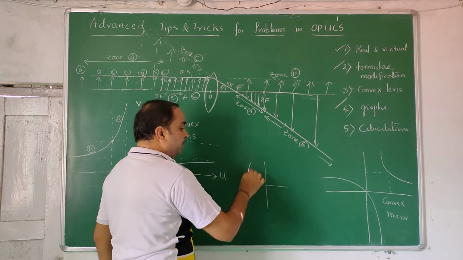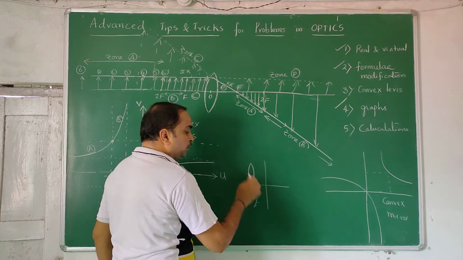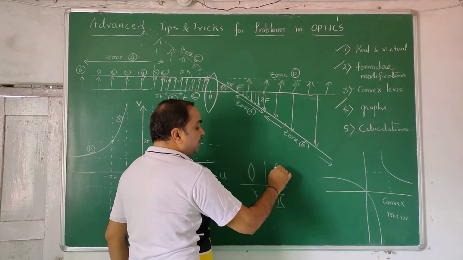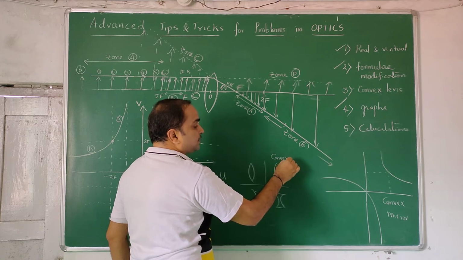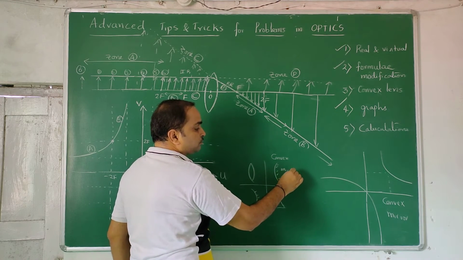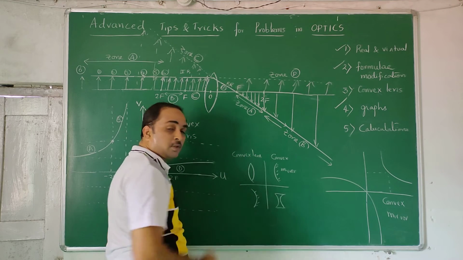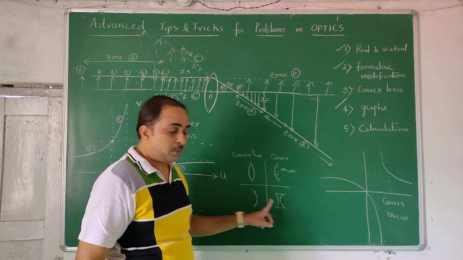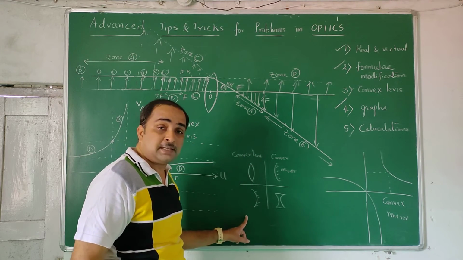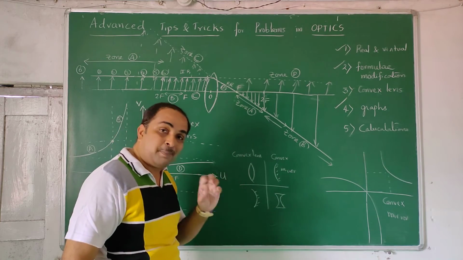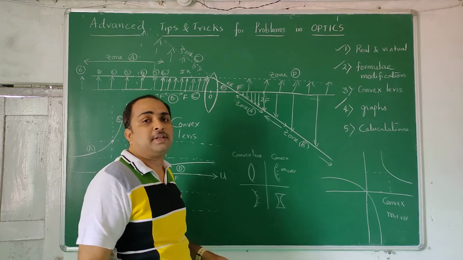Draw like this. Remember, convex lens and concave mirror, both are converging elements. Concave lens and convex mirror are diverging elements. In whichever quadrant I place it, you have to learn this by heart. This is purely rote, ratta marna.